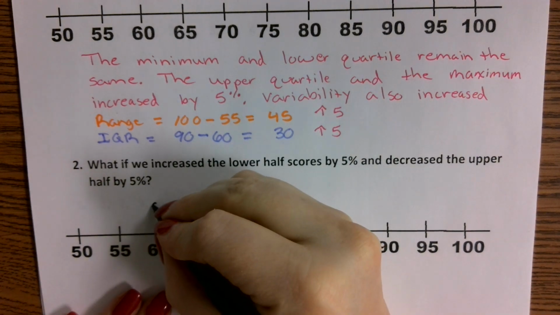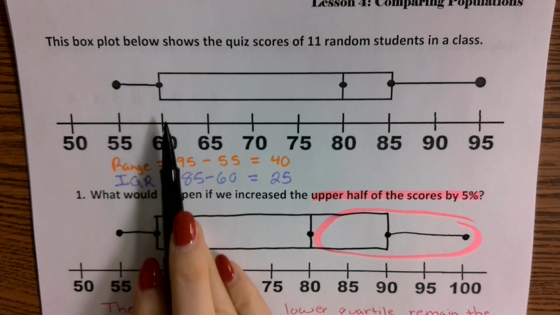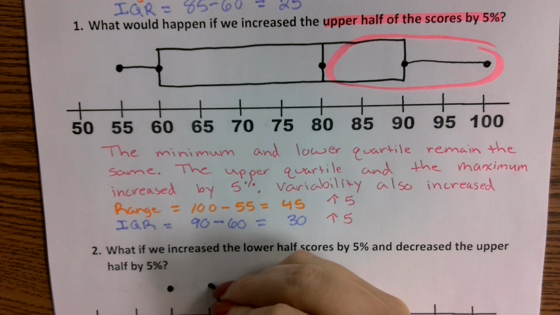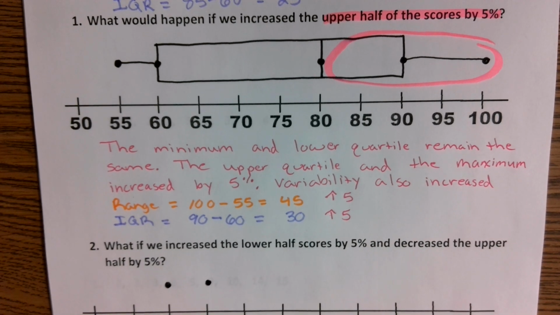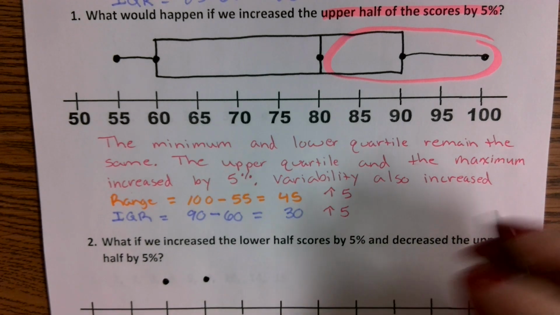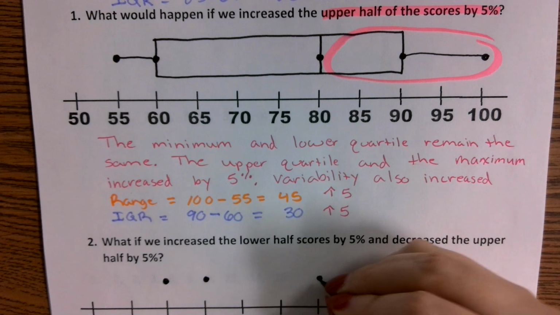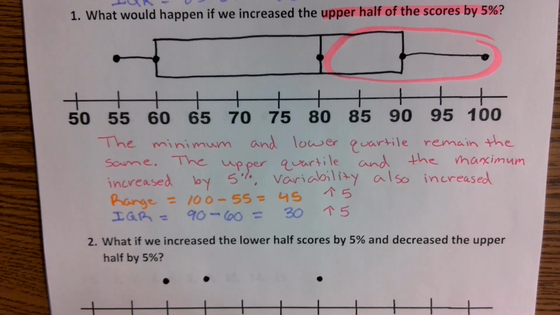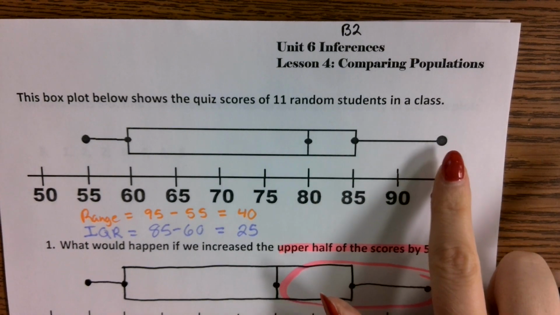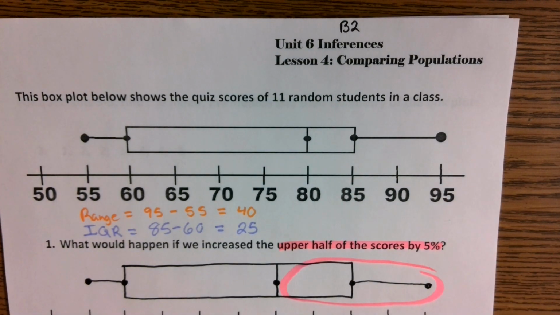60. Very good. What does the lower quartile become? 65. Okay. Is my median going to change? No, the median is not going to change whatsoever. Okay, so the median is still going to stay at an 80. What about now for my upper quartile and my maximum, we're going to lower those by 5%.